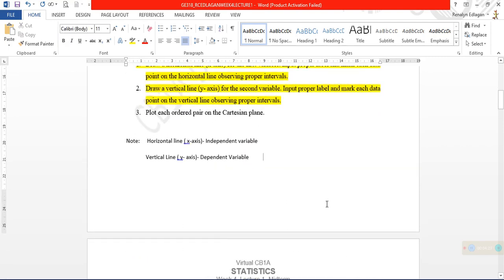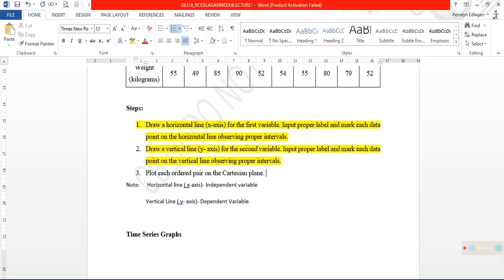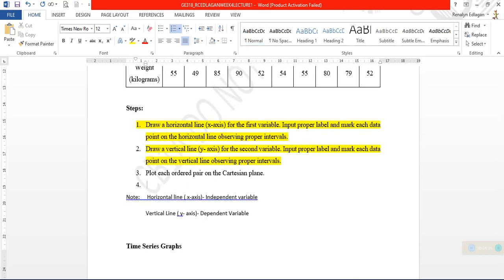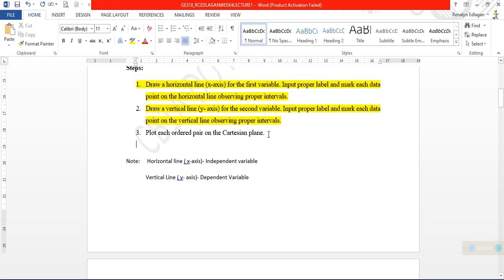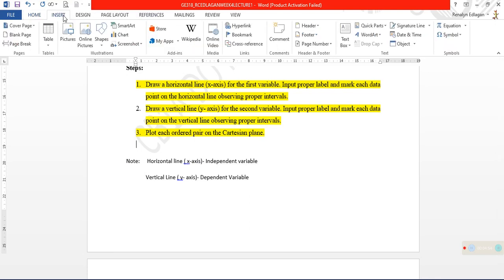Now, I presented this lesson using a Microsoft document on purpose, so we can go straight to the tutorial on how to insert a graph. Although I gave you here the steps on how to manually create your graph, to make it easier, I encourage you to learn how to generate your graphs or your charts using applications or software such as Microsoft Word, Microsoft Excel, Google Sheets, Google Docs.